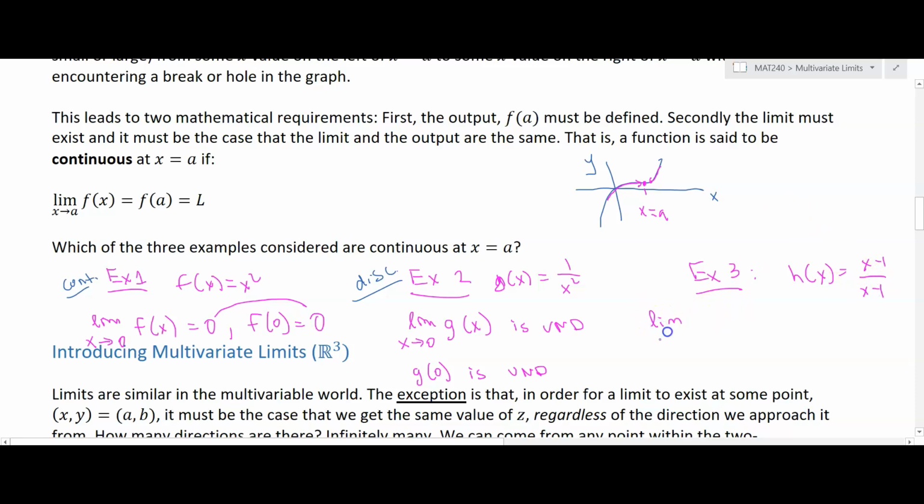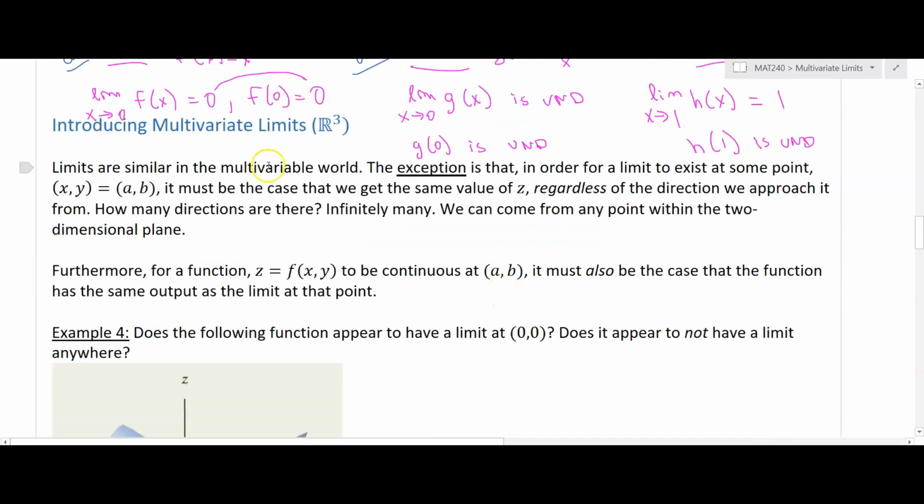We did indeed successfully ascertain that as x approaches 1, h of x has a limiting value of 1, but h of 1 is undefined, and since that is clearly not the same as 1, this function is discontinuous. So you can see hopefully the trade-off between the intuition and using some of this mathematical thinking.